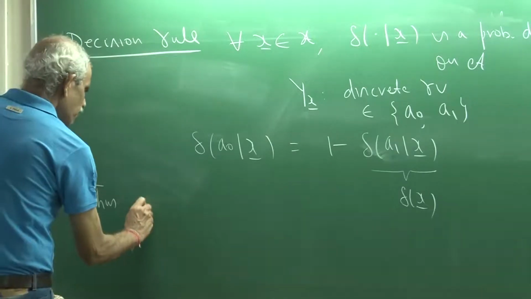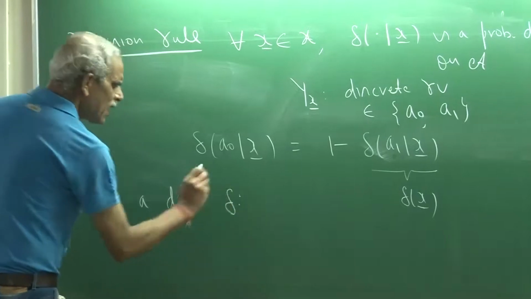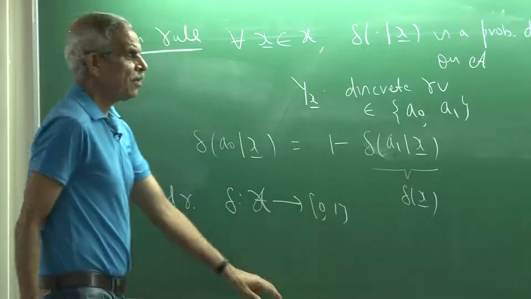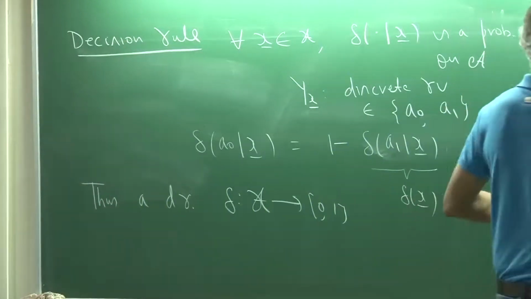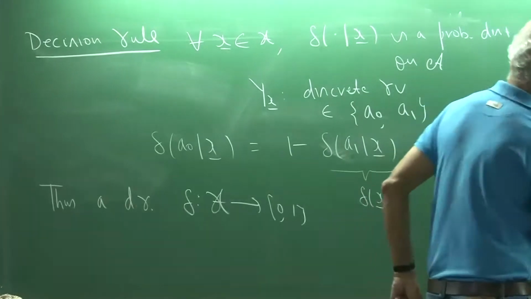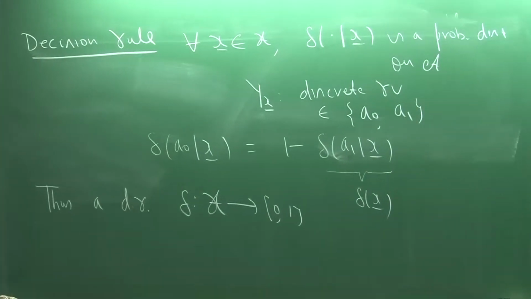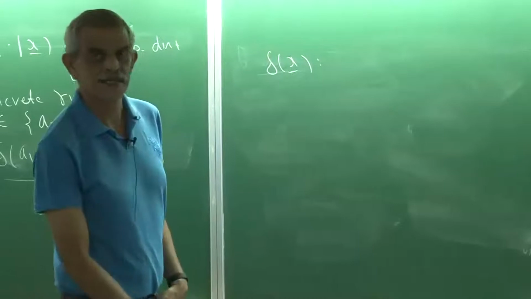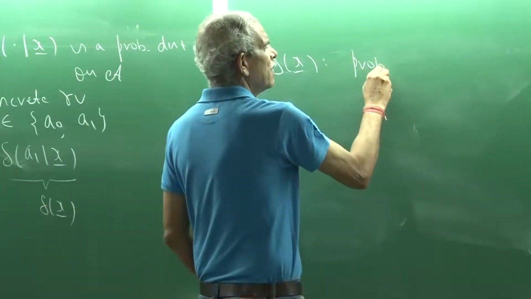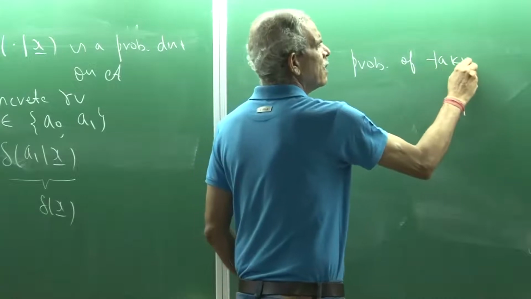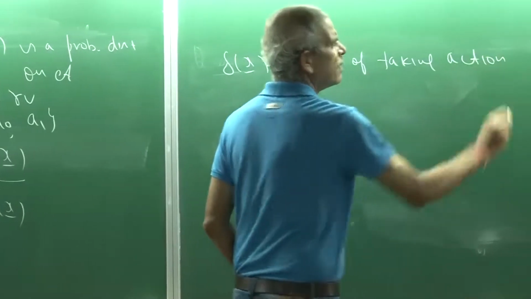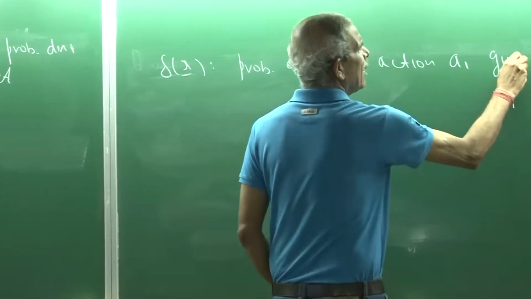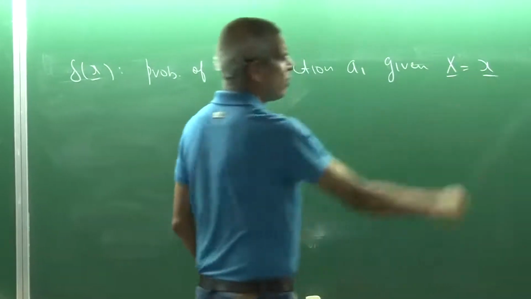So thus, a decision rule delta is a map from chi to 0, 1 with the following interpretation. What is the interpretation? That delta x is the probability of taking xn a1 given that you have observed your sample as small x.